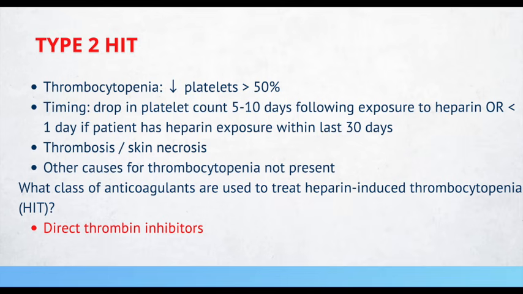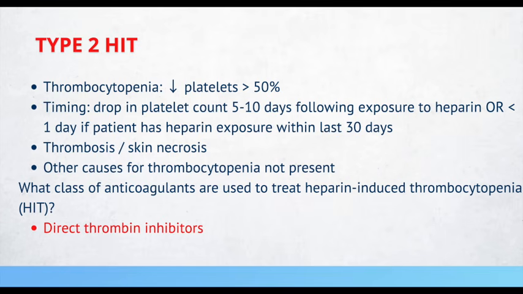So how examiners like to test this is that they would give you the CBC of a patient. Maybe you see one on admission and then another CBC analysis like 5 days later, and you see this massive dip in platelets. You want to think about type 2 HIT. So what class of anticoagulants are used to treat HIT? Direct thrombin inhibitors.